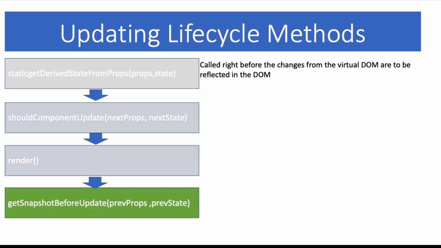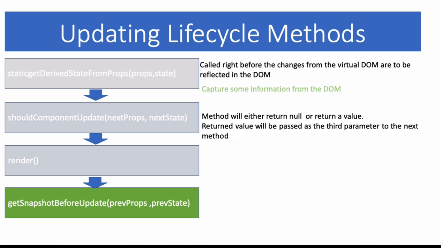This use case is not common, but it may occur in a UI like a chat thread that needs to handle scroll position in a special way. This method will either return null or return a value. The returned value will be passed as a third parameter to the next method.